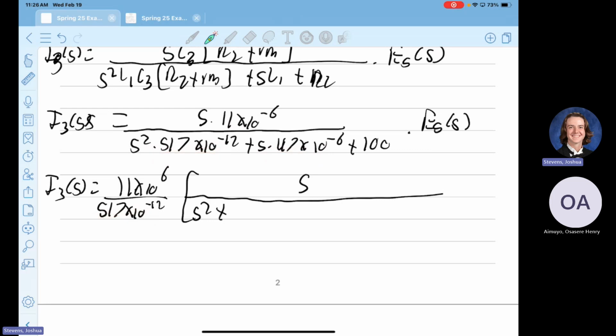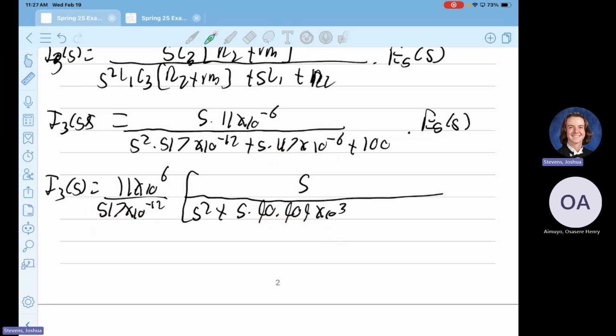So what would I have to do to the 47 times 10 to the negative 6th with that 517 number? Exactly, I divide it. When I divide this number by the 517 times 10 to the negative 12th, I get S times 90.909 times 10 to the third. If I were to factor this back in, I would simply multiply that number and get the original number.